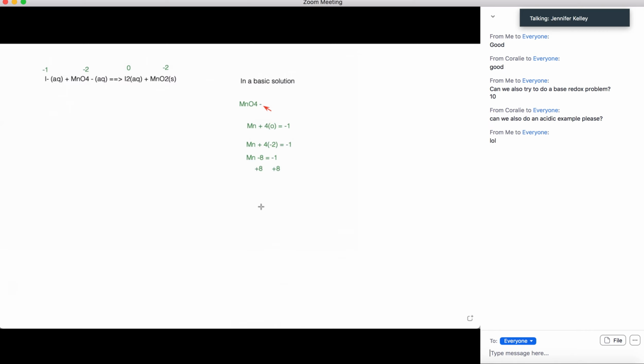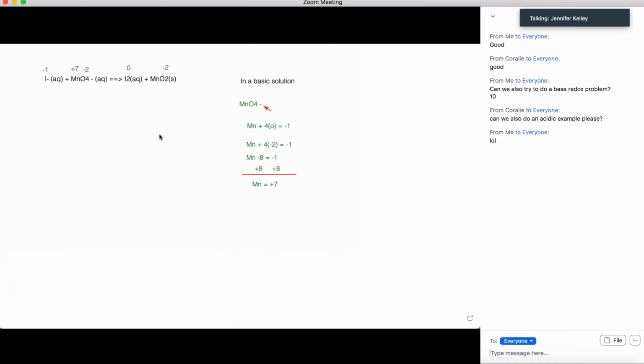And then what we have at the end is manganese is +7. All right, so we're going to put +7 over here. Bring this down a little bit.